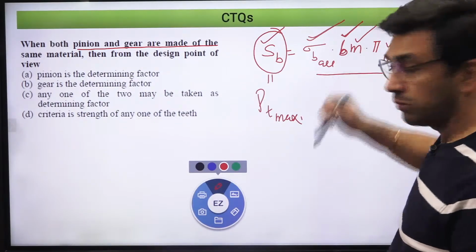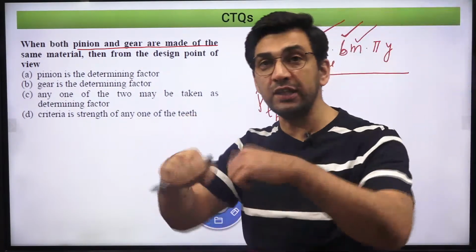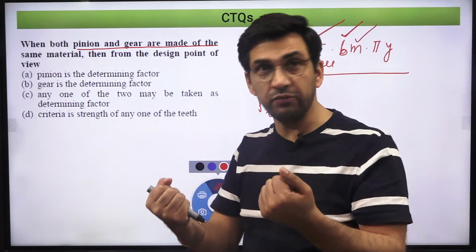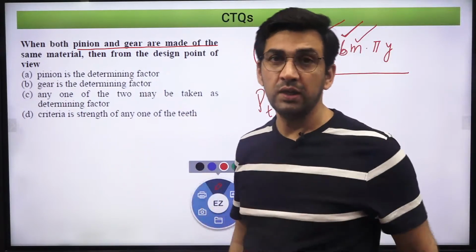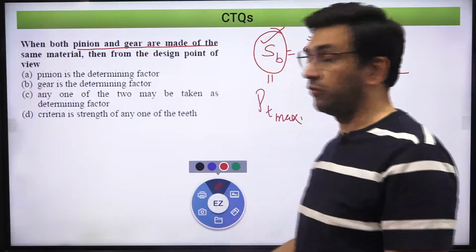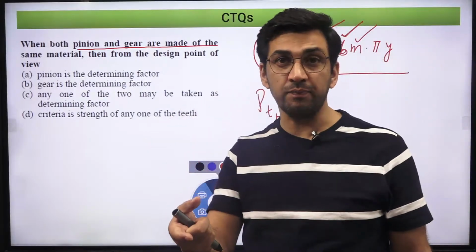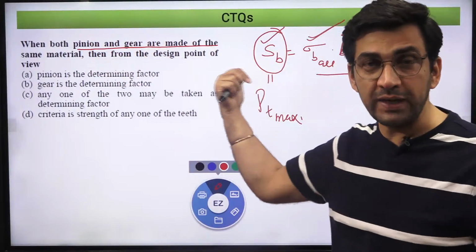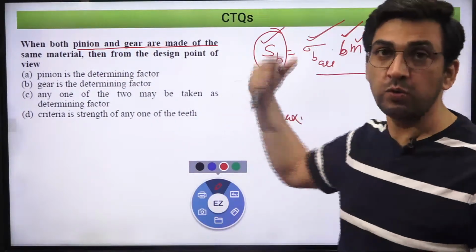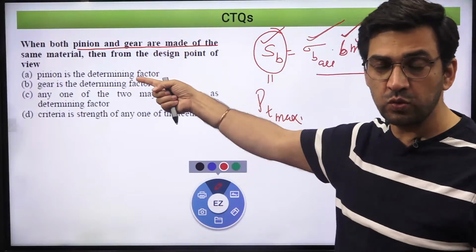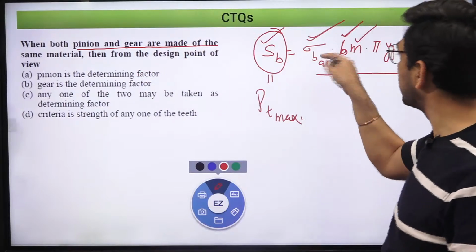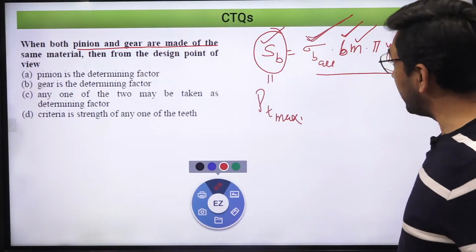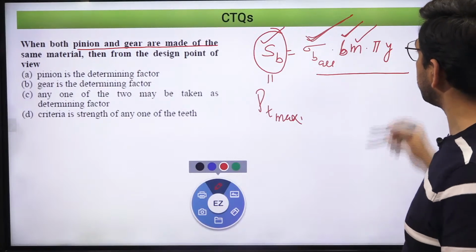What about the module? The module of any two gears mating with each other has to be the same. If it is not the same, you cannot mesh them properly. Width has to be the same, module has to be the same, and since both are made of the same material, the allowable value of bending stress, being a property of the material, is also the same. Pi is constant.